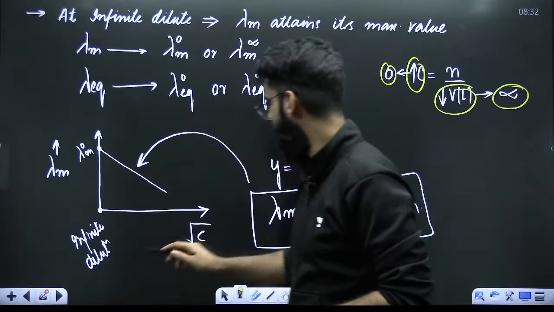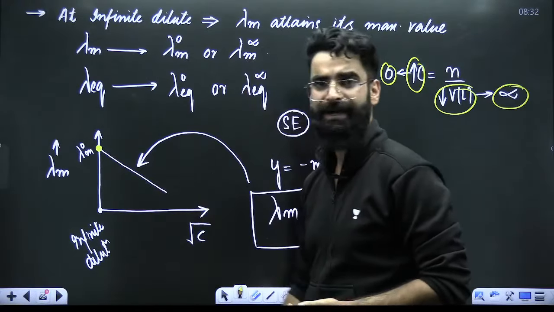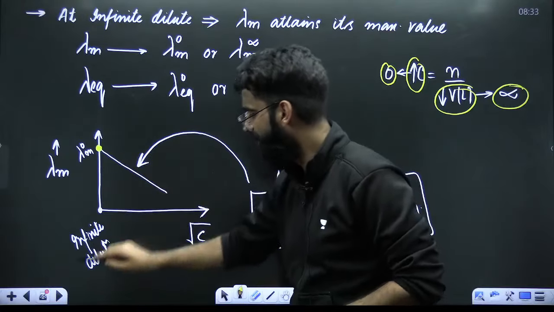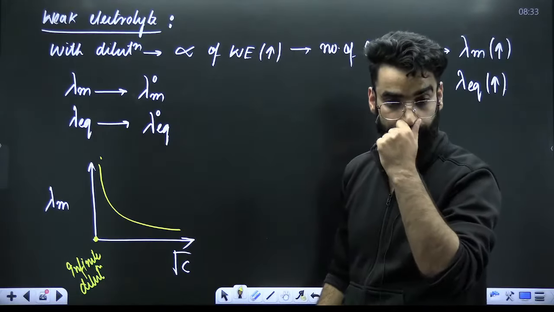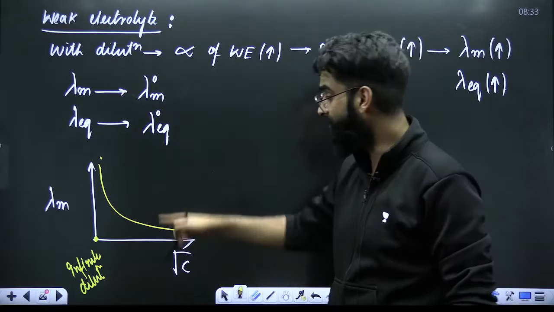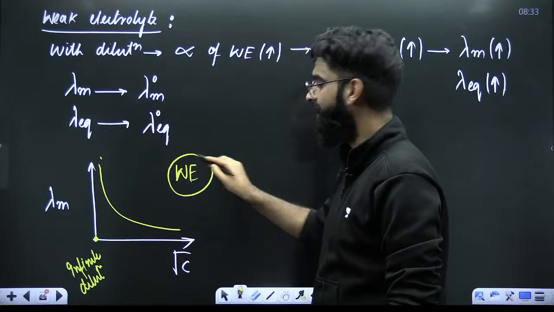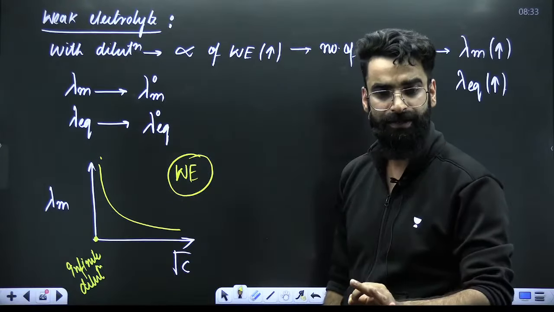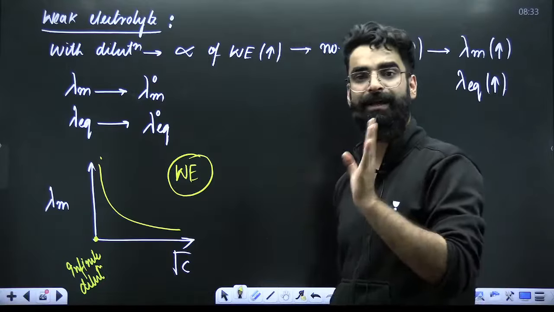See, from this particular graph, you were able to find the molar conductivity at infinite dilution with the help of this intercept. But in this particular curve, do you have any intercept? There is no intercept. So from this particular curve, which is valid for a weak electrolyte, you cannot calculate the molar conductivity at infinite dilution for a weak electrolyte.